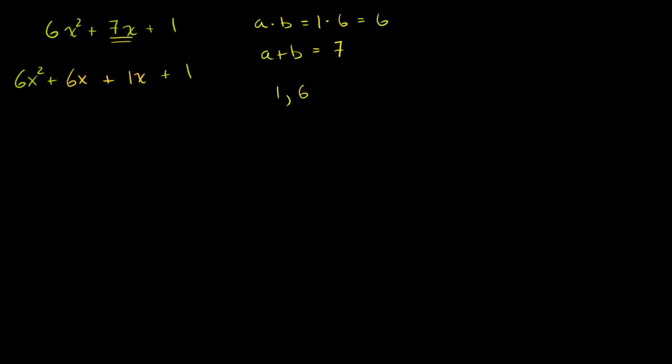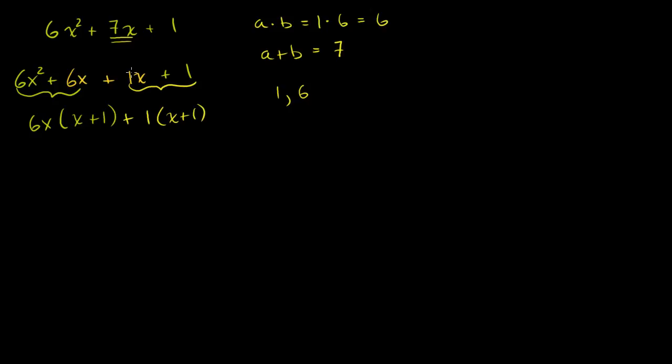Now, in each of these groups, we can factor out as much as we like. So in this first group, let's factor out a 6x. So this first group becomes 6x times x plus 1, because 6x squared divided by 6x is just an x, and 6x divided by 6x is just a 1. And in the second group, we just literally have x plus 1, or we could even write 1 times x plus 1.